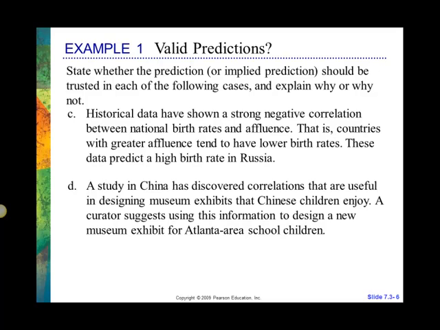Because we're looking from an outside source, not necessarily our culture, it doesn't make a lot of sense to use this as a predictor, because Chinese children are different from American children, and children in New York are different from children in Atlanta. They may not be a good predictor. So we shouldn't use this data to predict something in the United States.